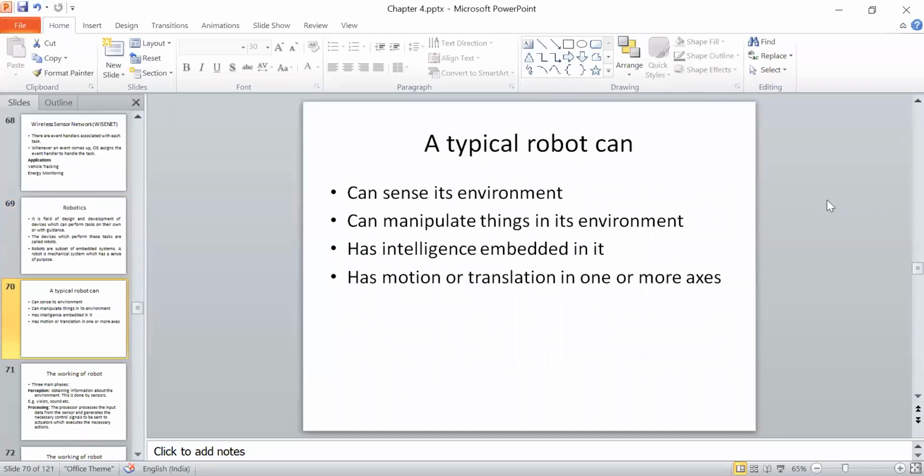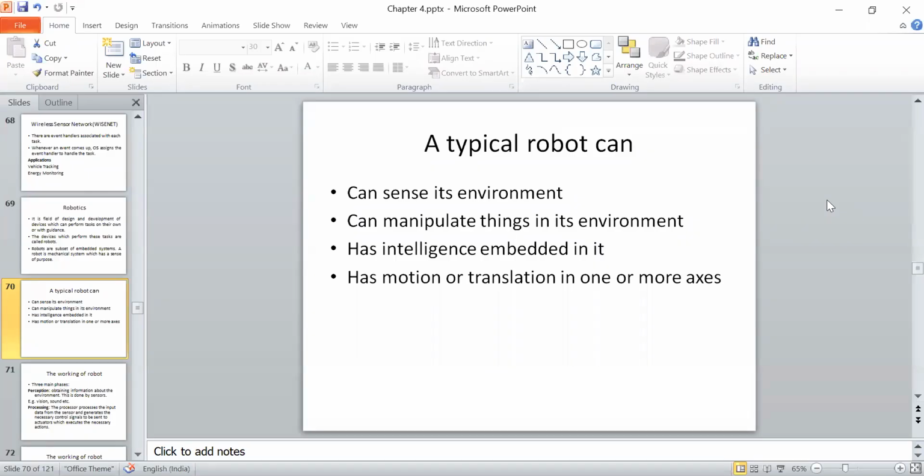A typical robot can sense its environment, it can manipulate things in the environment, it has intelligence embedded in it, and has motion and translation in one or more axes. There are two types of things we usually see in a robot. The first is that a robot could be an automatic device. It means you code certain functionality into it and it performs that task only. So instead of calling it a human-like device, we will say it is an automatic machine.